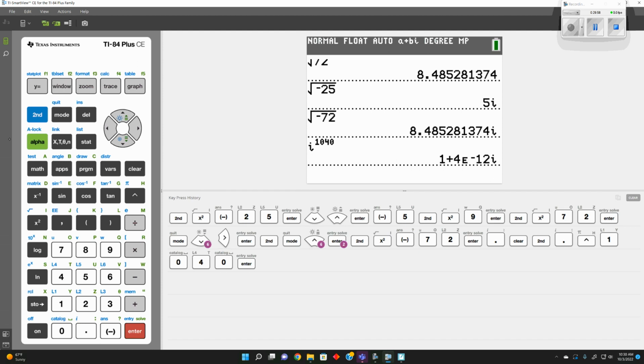This E is its way of saying 10 to the power. So that'd be 1 plus 0.1, 2, 3, 4, 5, 6, 7, 8, 9, 10, 11 zeros. That's a tiny number, so what is this really close to? It's just 1. I'm just going to put 1.